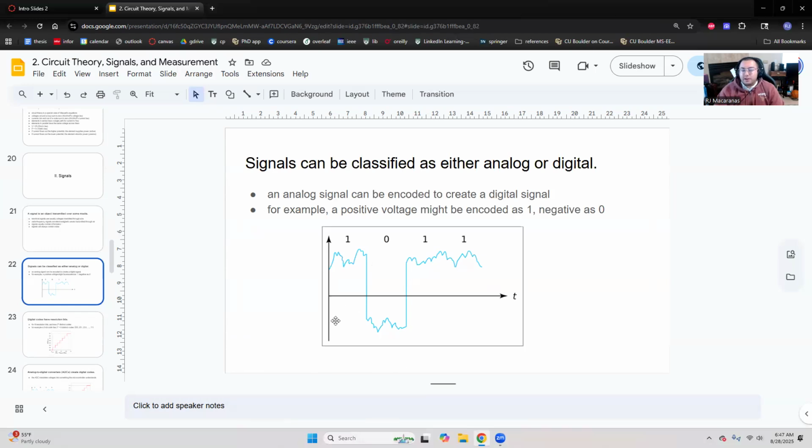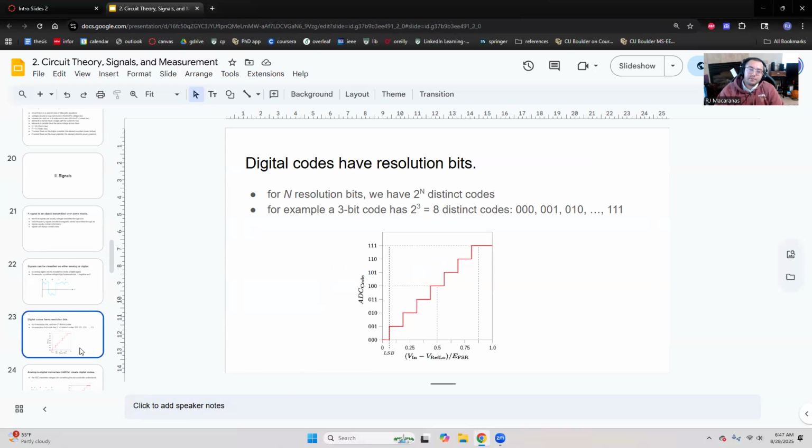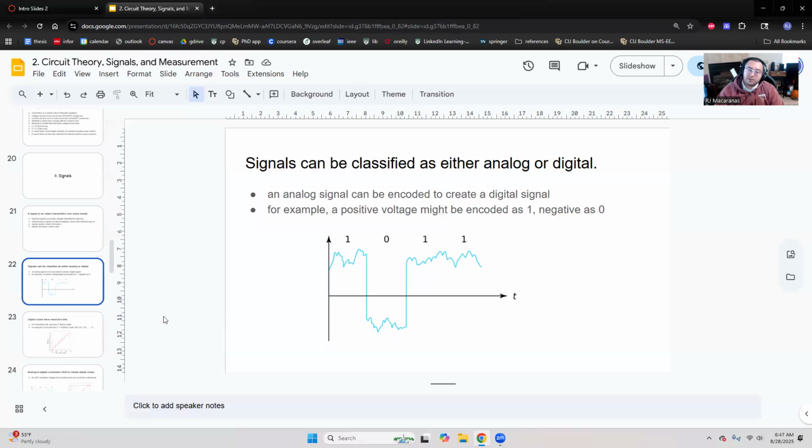Here we might encode a positive voltage as one and a negative voltage as a zero. These digital codes, we've encoded something, have some number of resolution bits. And going back to this example, this would be one bit of resolution.